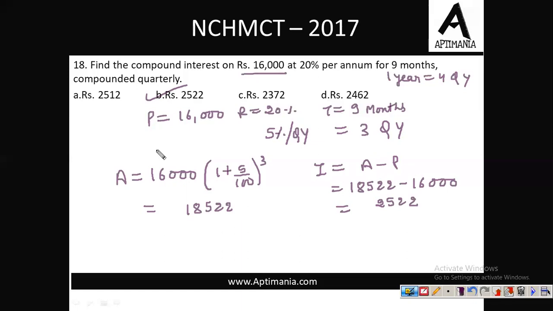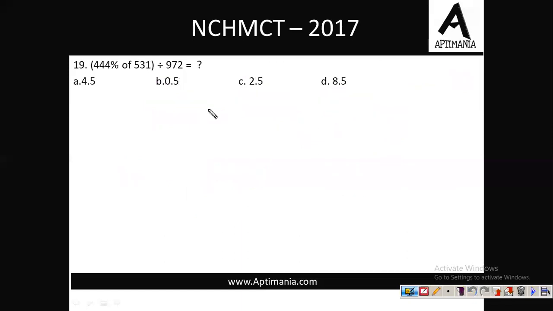Question number 19. Oh, very basic question. This is 444% of 531 divided by 972. So we need to solve this. Fine. So सबसे पहले इसको easy करते हैं, simplify करते हैं. So dividing by 4 will get 111 over 25. Fine. एक काम करते हैं, इसको थोड़ा approximation में ले जाते हैं.